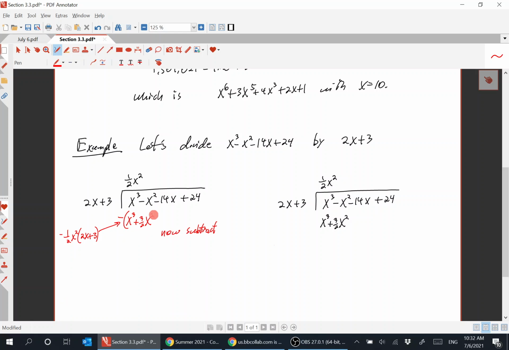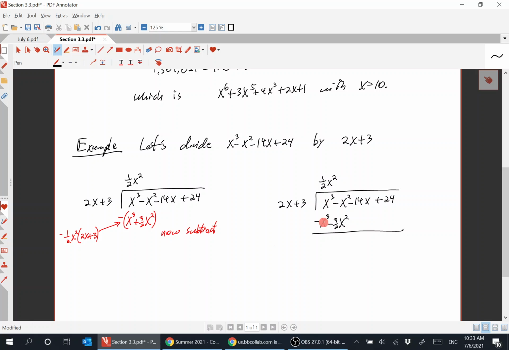So the negative sign is going to be out here, right? So I multiply 1/2 x squared times 2x plus 3, and I get this. And I leave that negative sign out there. But then I need to distribute the negative sign through. Take this negative sign and distribute through, and I get negative x to the third plus minus 3/2 x squared. Okay, now subtract.